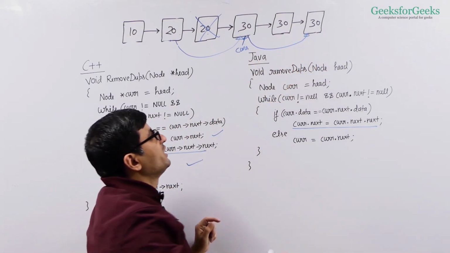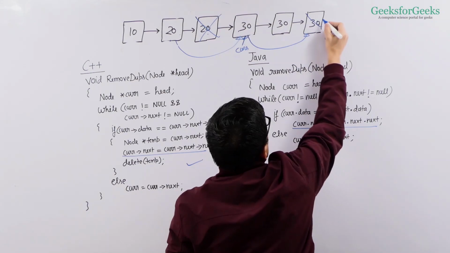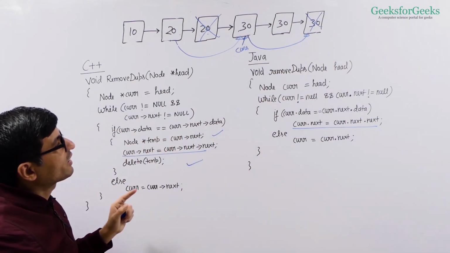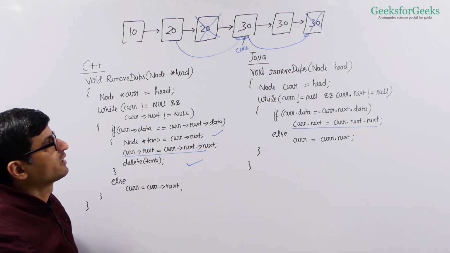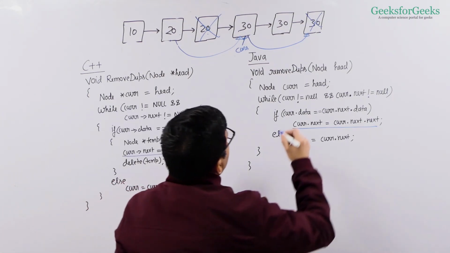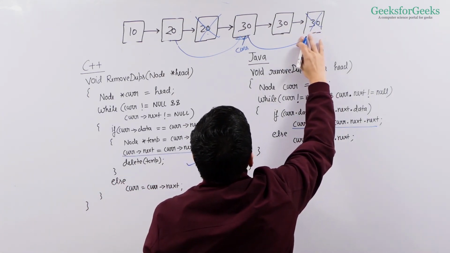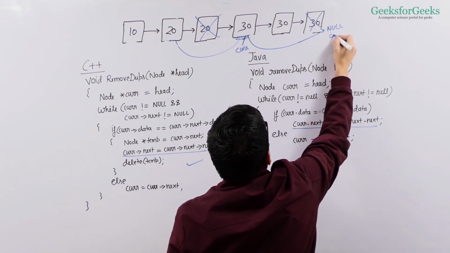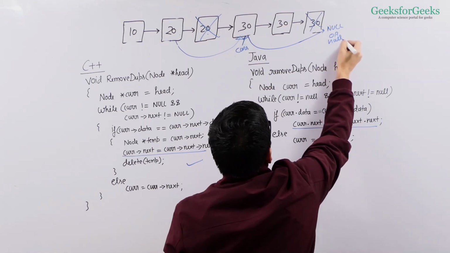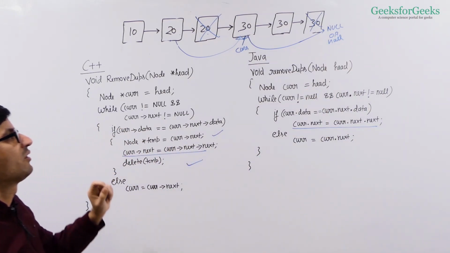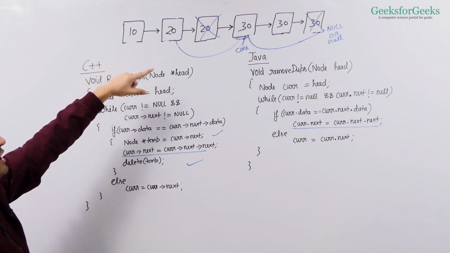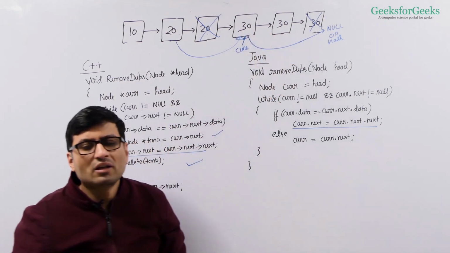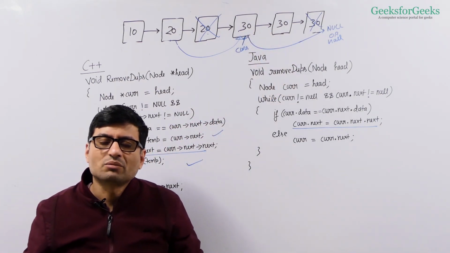We are going to remove the next. We are going to remove this particular node from the linked list. And when you remove it, you're doing current next equal to current next next, and current next next is null. So your current next will now become null. Right? So we have achieved what we wanted. We have removed all the duplicates and we have appropriately set the next of last as null.